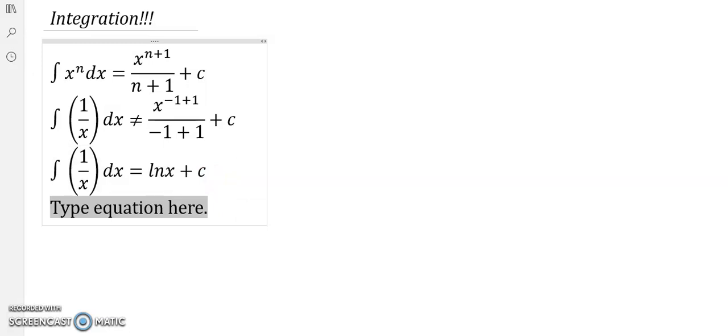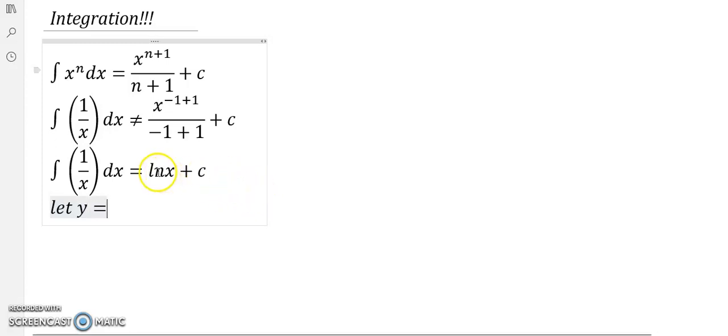Let y equal to, this time around, ln x plus the constant c.